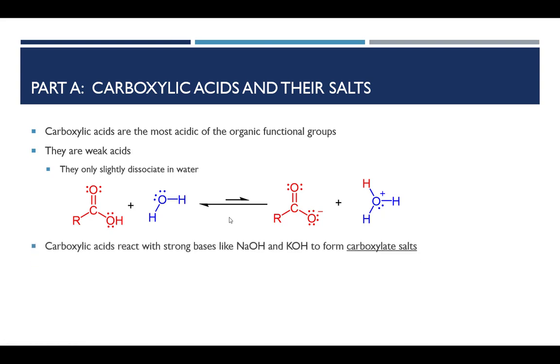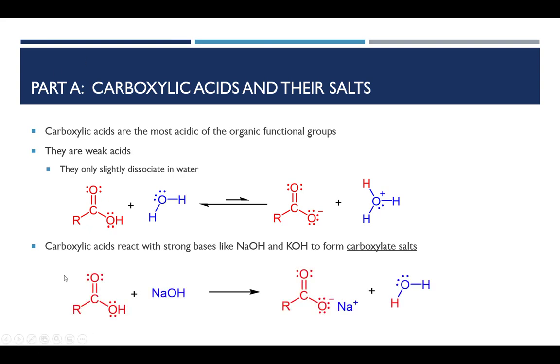Carboxylic acids, however, do react with strong bases, and sodium hydroxide and potassium hydroxide will be our main focus here, and those will form carboxylate salts. So here is again the same generic acid molecule. We're adding the strong base sodium hydroxide. The hydroxide takes the proton away from the carboxylic acid to form water, and that leaves you with a carboxylate ion here and a sodium ion.